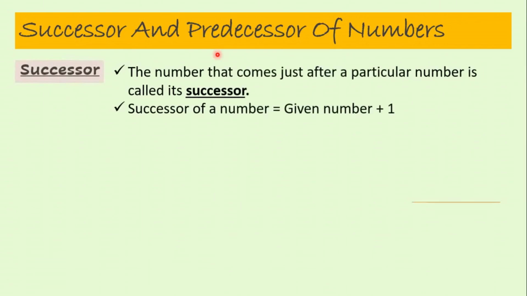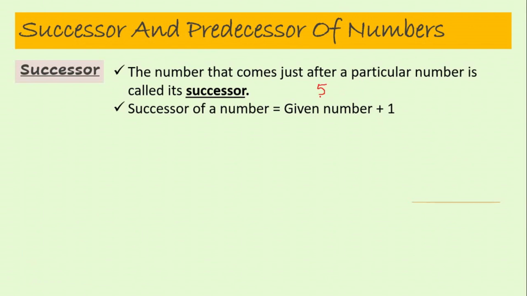Successor and predecessor. Now successor: the number that comes just after a particular number is called its successor. Successor of a number is equal to the given number plus 1. Now we are going to take a 1-digit number, that is 5.